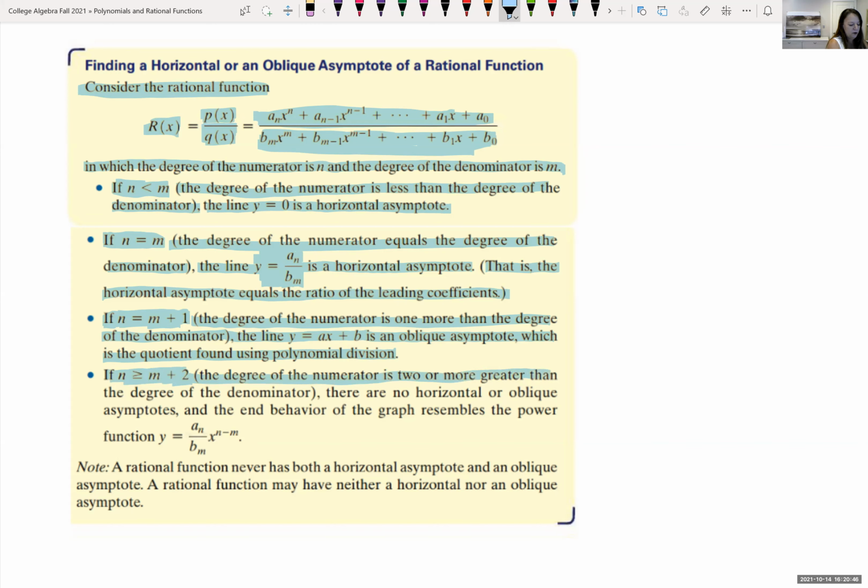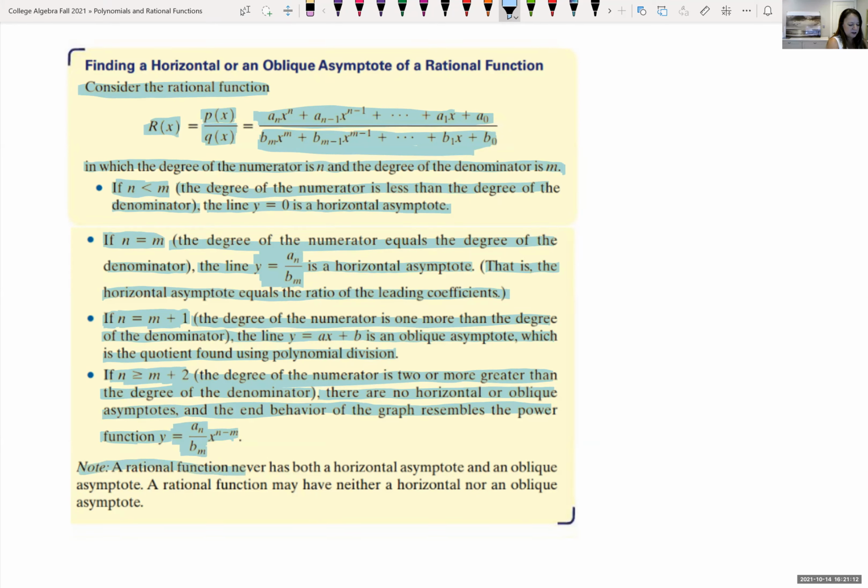If the degree of the numerator is 2 or more greater than the degree of the denominator, there's going to be no horizontal or oblique asymptote, and the end behavior of the graph resembles the power function a sub n divided by b sub n, all times x to the n minus m power. Okay.